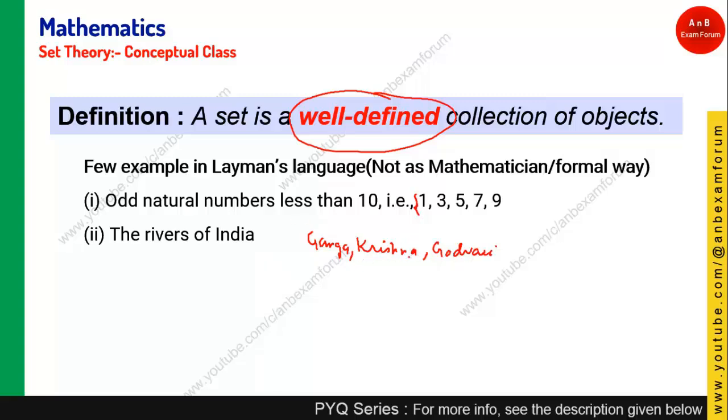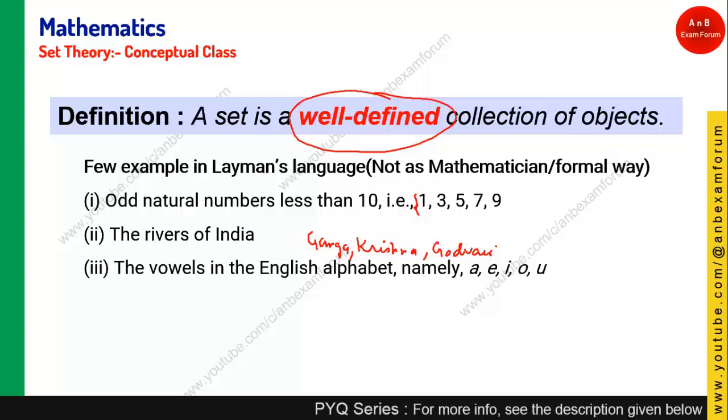The terminology we will cover in the upcoming slides. Just see the definition of a set: a set is a well defined collection of objects. These are the objects and it is well defined. You can easily tell this is a river, Krishna is a river, Godavari is a river. So all of this fits into the definition of a set.